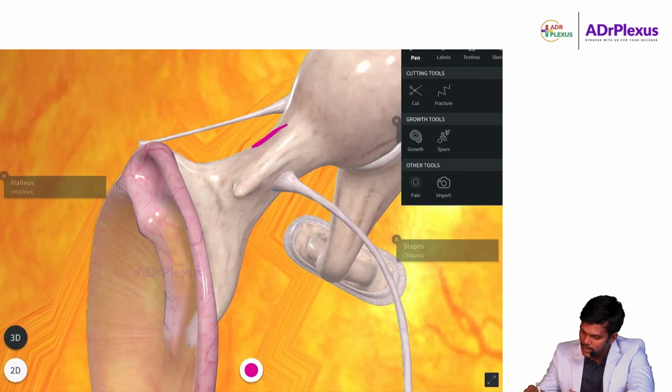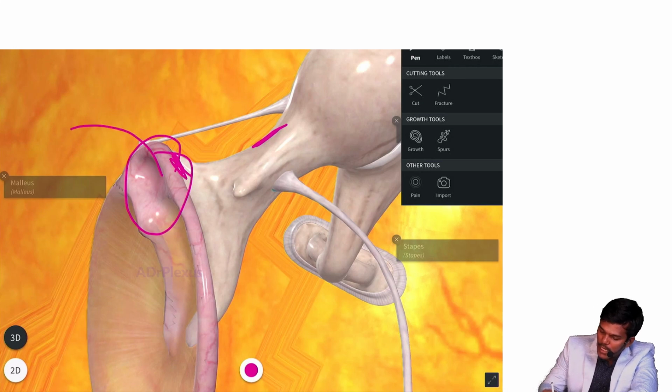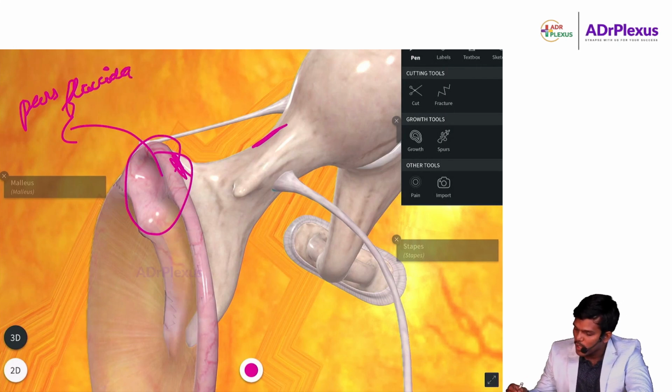This is the neck of the malleus, this is the handle of the malleus. So this handle of the malleus is having attachment with the pars flaccida over here.